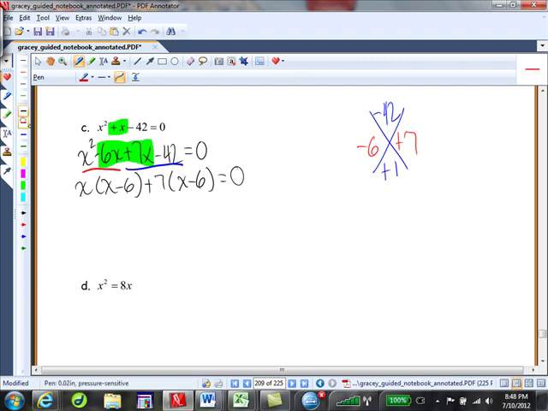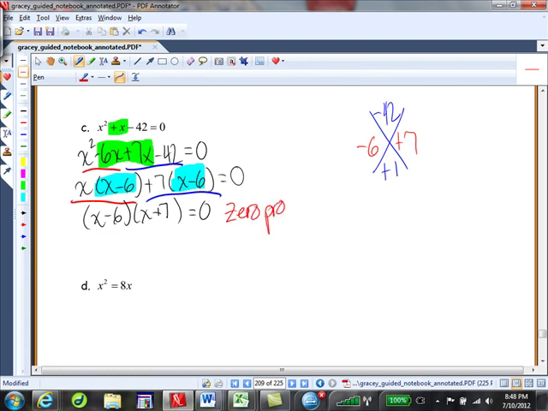See, that equals 0 is the different part of what's going on. So, completing the factoring, I have a common binomial factor of x minus 6. I will factor that out. I have x minus 6 times x plus 7 equals 0. Now, what is that property? You got it. The zero product principle. Okay, so what does that mean?